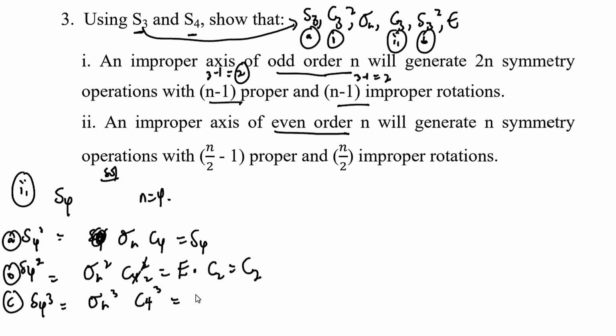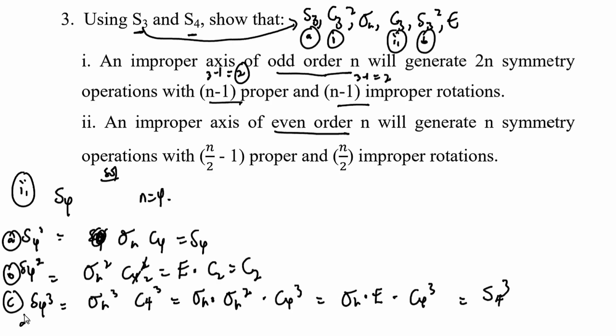So this is going to give us sigma_h squared and C4^3. So this is going to give us sigma_h identity and C4^3. So we're going to have S4^3.